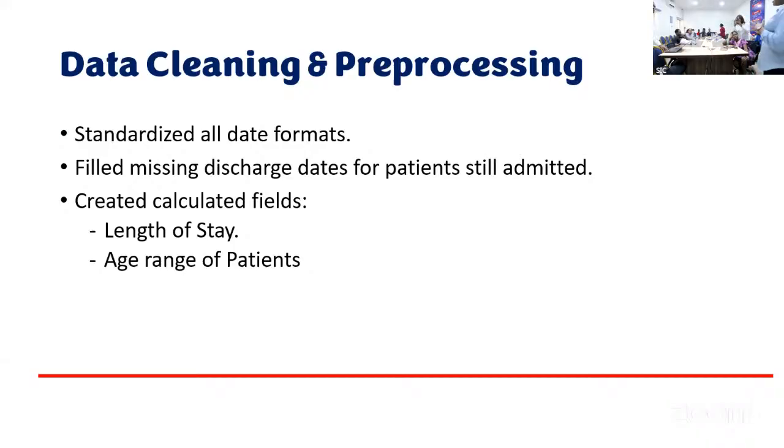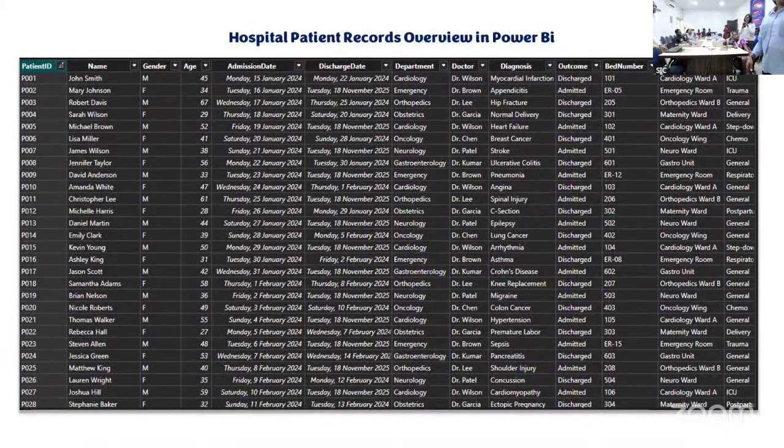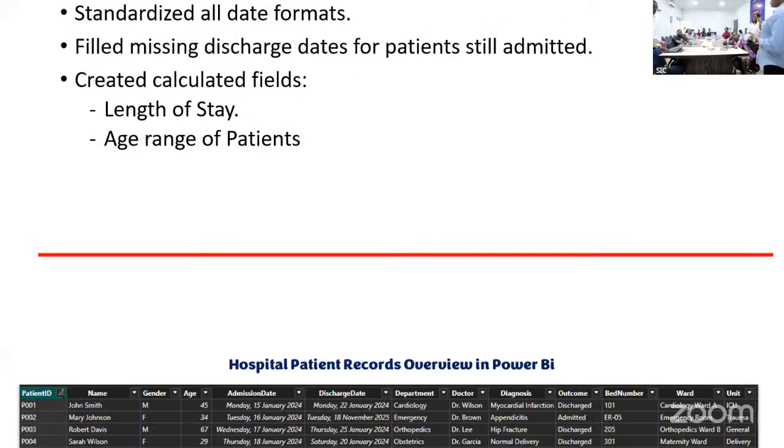We calculated length of stay by subtracting the admission date from the discharge date. For the age range, we classified patients aged 20 to 30 as young adults, 31 to 40 as big adults, 41 to 50 as adults, and 51 and above as older adults.